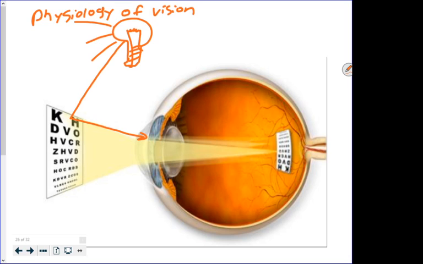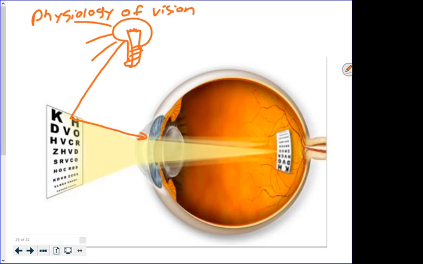And you guys remember from regular biology, green plants appear green because they reflect green and they absorb all the other colors of the electromagnetic spectrum. All right, sweet.